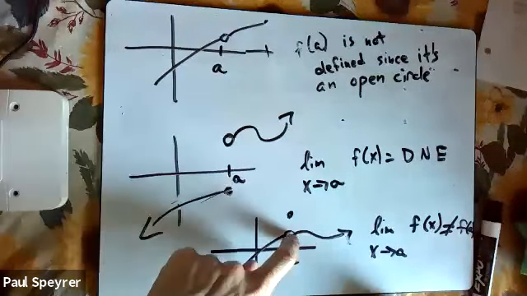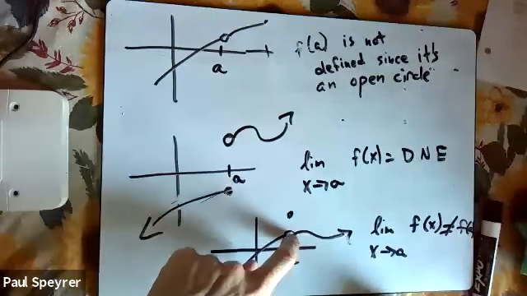The second one: does the limit as x approaches -2 of 1 over x plus 2 exist? Well, remember, this is the one where we have to look at the t-table.